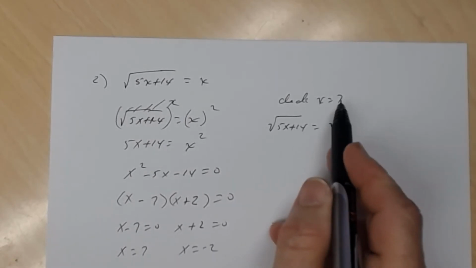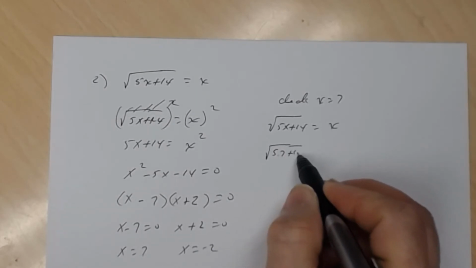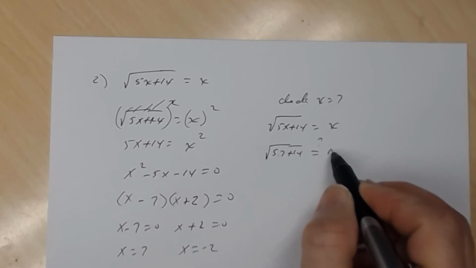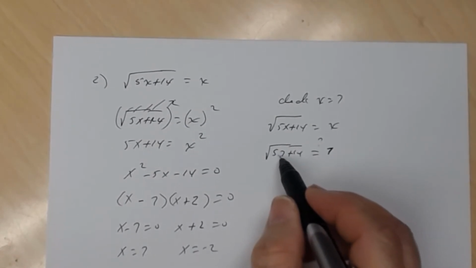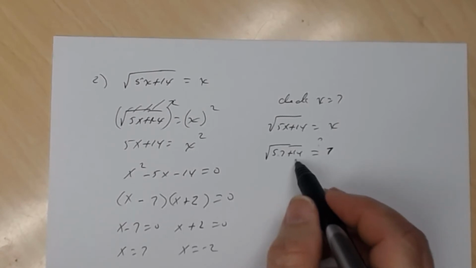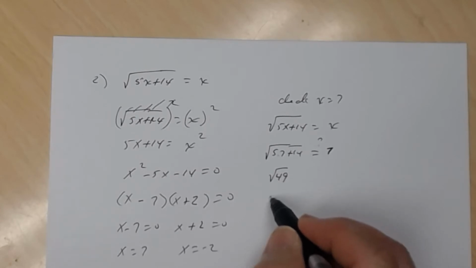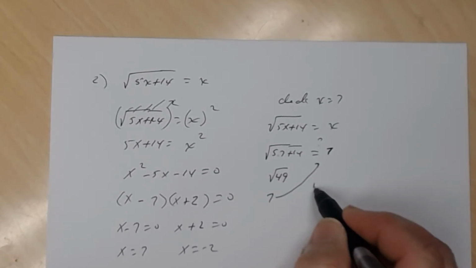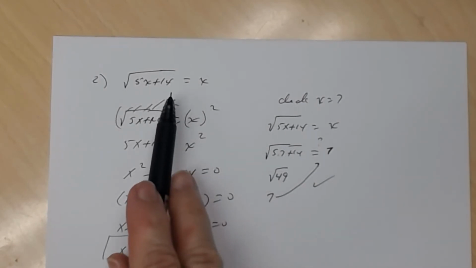Where you see the variable x, I'm going to substitute 7. So I get the square root of 5 times 7 plus 14, and that's going to equal 7. 7 times 5 is 35, 35 plus 14 is 49, and the square root of 49 is 7, and 7 does equal 7. So 7 is going to be a solution to the original problem.